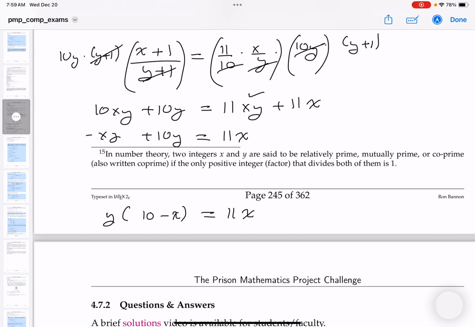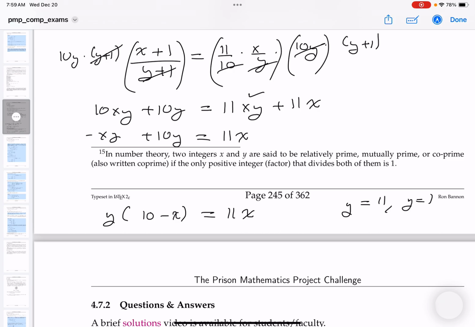But we know y doesn't have any factors in common with x. So that means that the only possibilities for y could be 11, or y could be 1.